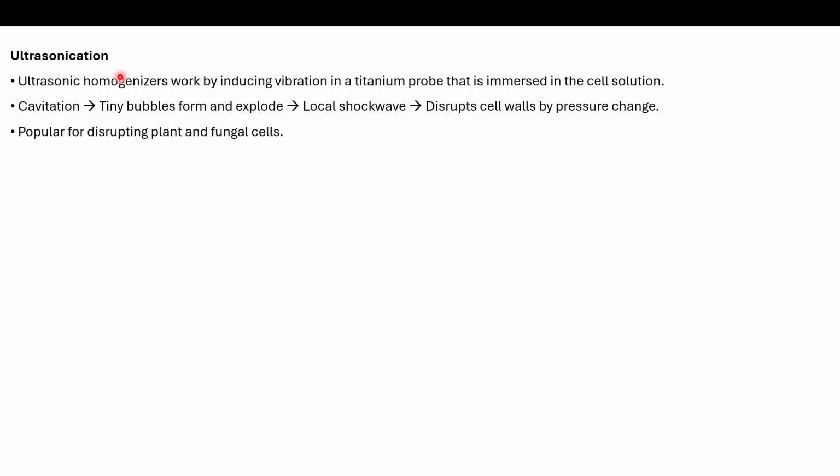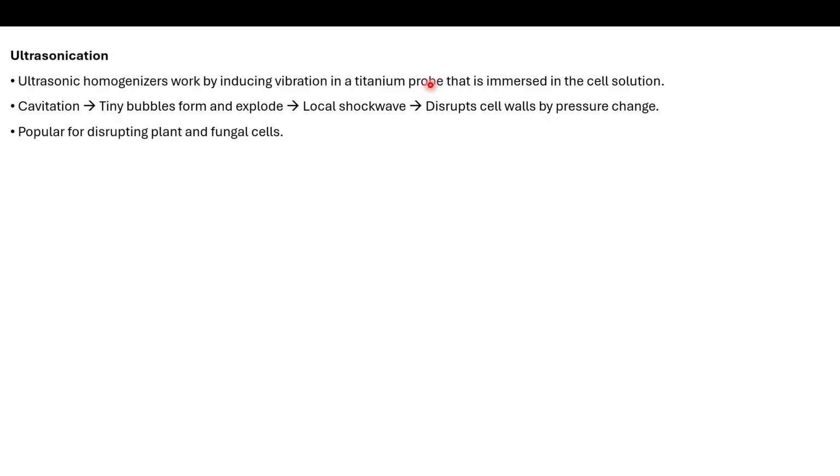And then there's sonication. Sonication is again a mechanical method to break open the cells, where ultrasonic homogenizers work by inducing vibrations in a titanium probe that is immersed in the cell suspension.